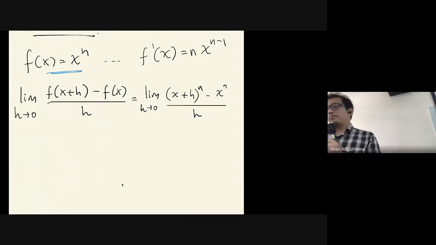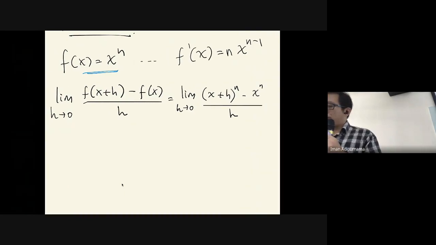If we have squared, we can just expand, right? How about if we have 3? We can also expand, maybe 4, 5, more, right? It will be a longer and longer expansion if we try to expand.